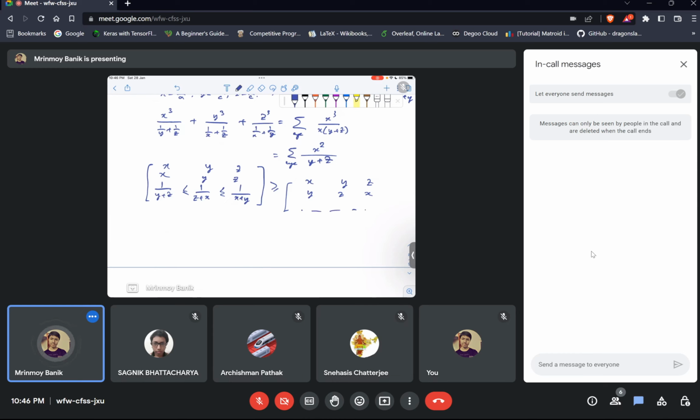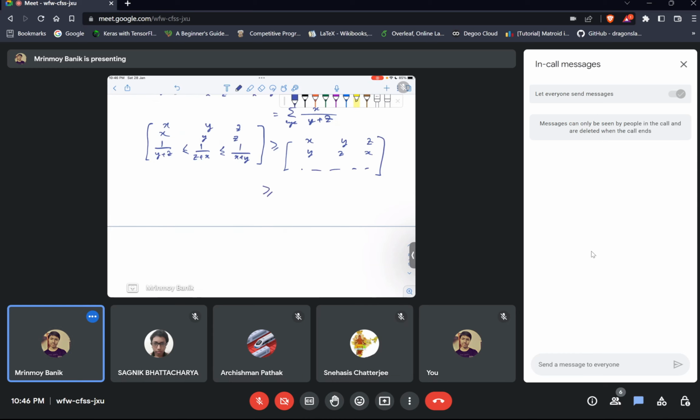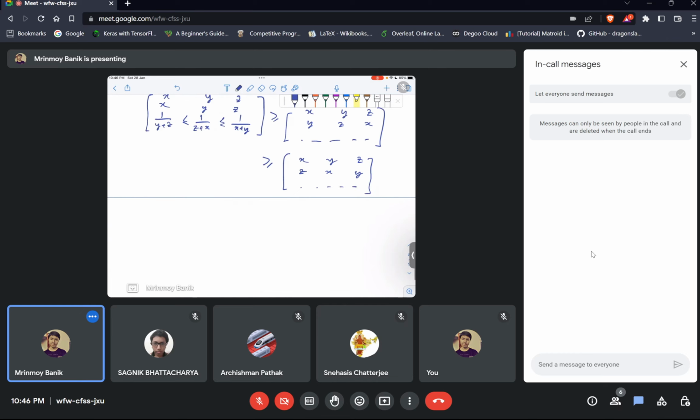And the last row is the same. Similarly, we can write it as x, y, z, z, x, y. Again, the same last row. This is also the same. Then add them up.